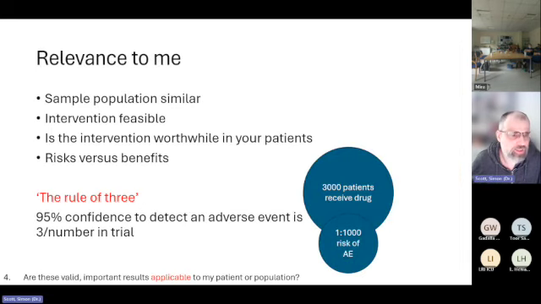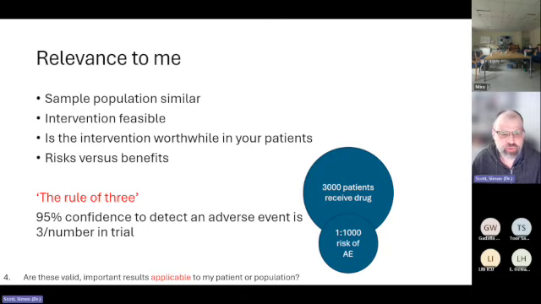Rightio. And yeah, relevance to me. One thing I just want to bring up is we do read a lot of studies where you see benefit, but you don't necessarily see harm. And essentially, unless you powered your study to demonstrate harm, you may not see it.